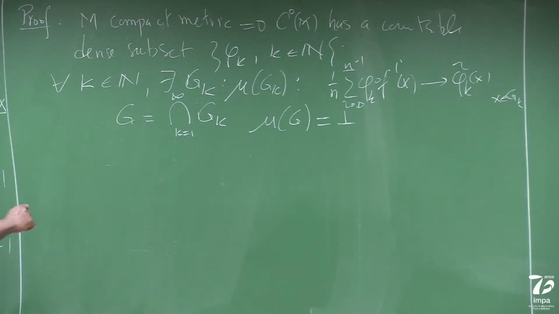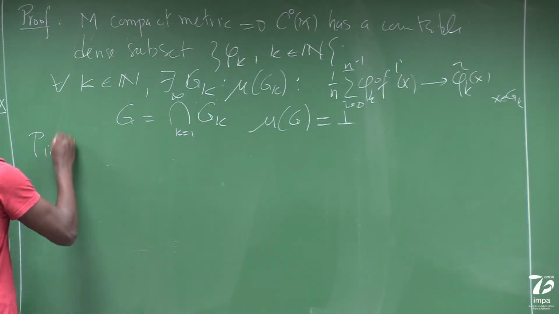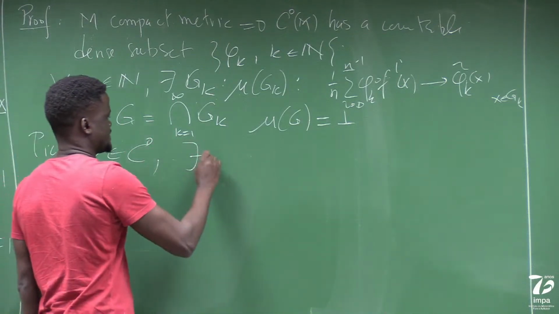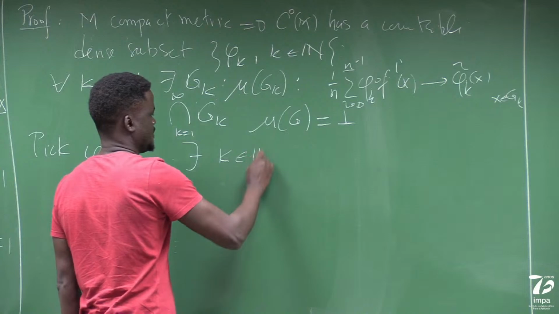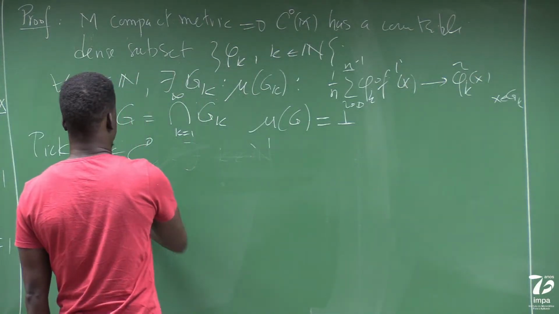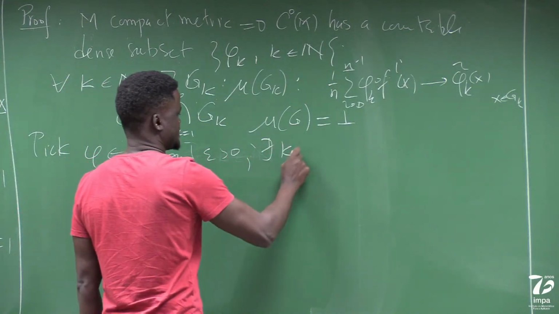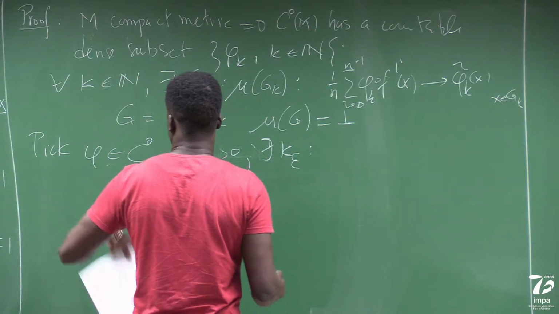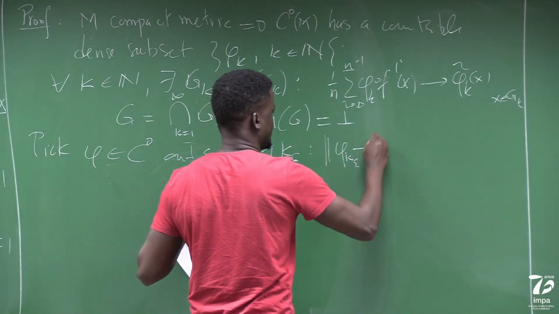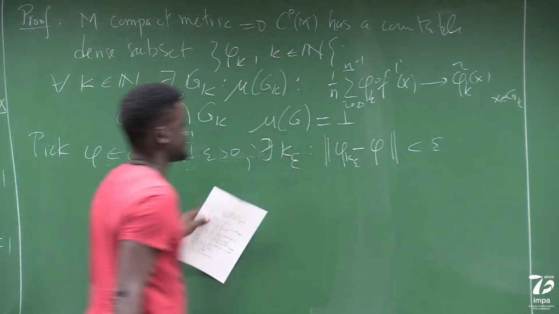Now pick phi in C0 and epsilon positive. There exists k_epsilon such that the C0 norm of phi_k_epsilon minus phi is less than epsilon.